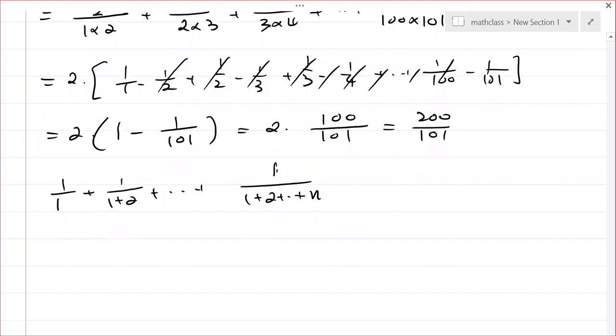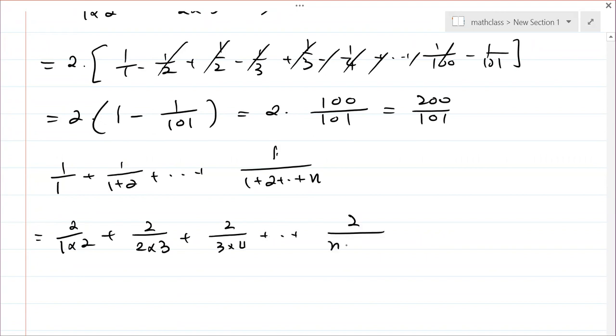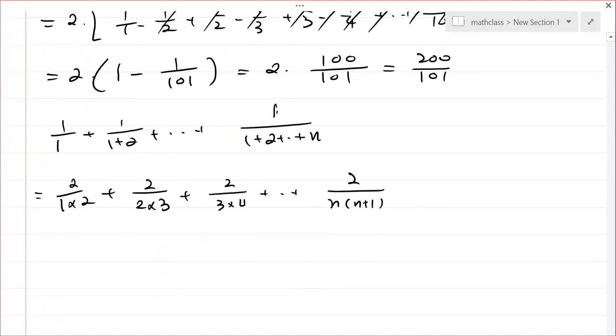Instead of 100, you have an n, and then you can get a sum. Each term will be 2 over 1 times 2, 2 over 2 times 3, 2 over 3 times 4, and the last one is 2 over n times n plus 1. And then take 2 out.